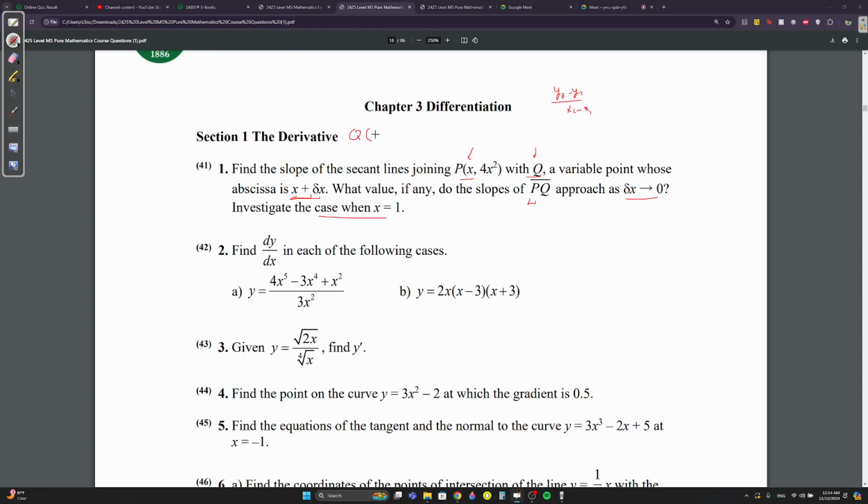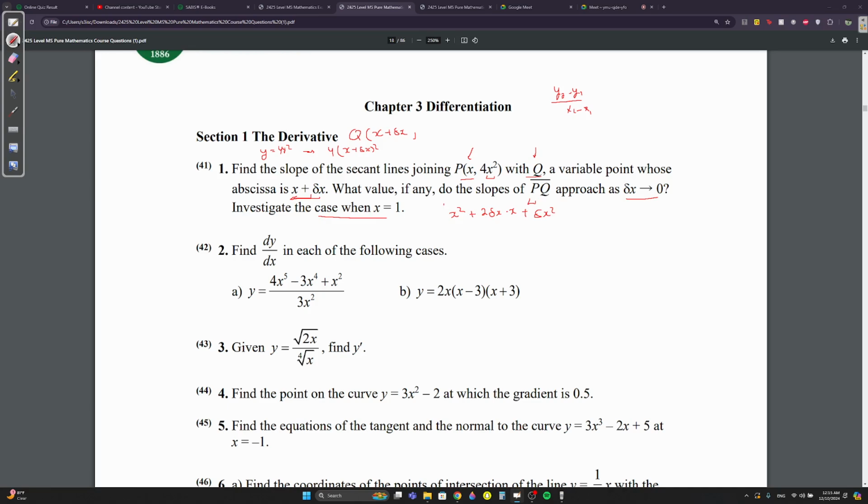So Q is x plus delta x. That's the x coordinate. What's the y coordinate? From P, we know that the y coordinate is 4x squared. So that means my y coordinate of Q is 4 times (x plus delta x) squared. Then expand this, you're going to get x squared plus 2x delta x plus delta x squared, right?